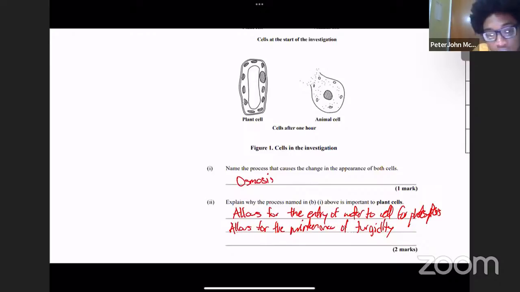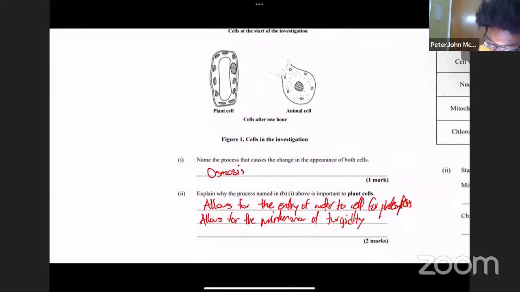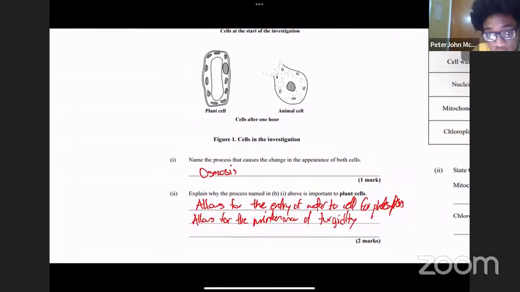Allows for the maintenance of turgidity. When water enters the cell, the vacuole expands, presses against the side, and turgor pressure is increased, so the plant is turgid, so the stem is now upright and not wilted.